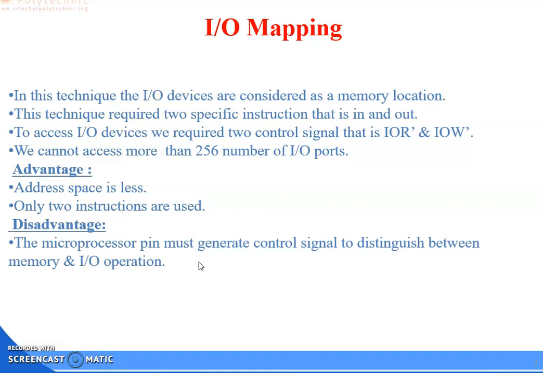So we cannot access more than 256 IO ports. Next, advantages: address space is very less and only two instructions are used. And the disadvantage is that the microprocessor pin must generate a control signal to distinguish between memory and IO operation.